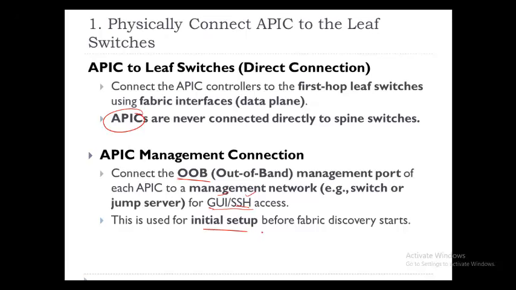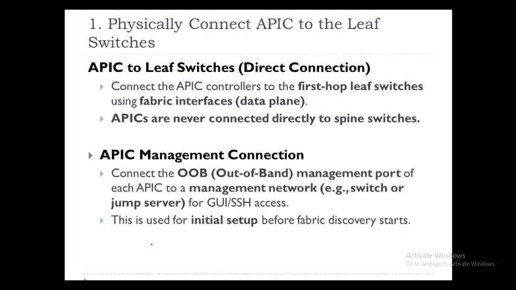Then only the discovery will start and it will show you the first leaf and its serial number, to which you need to give a name, the fabric name for that switch, and an IP address will be taken from the pool. So first you do the physical connectivity to the leaf.